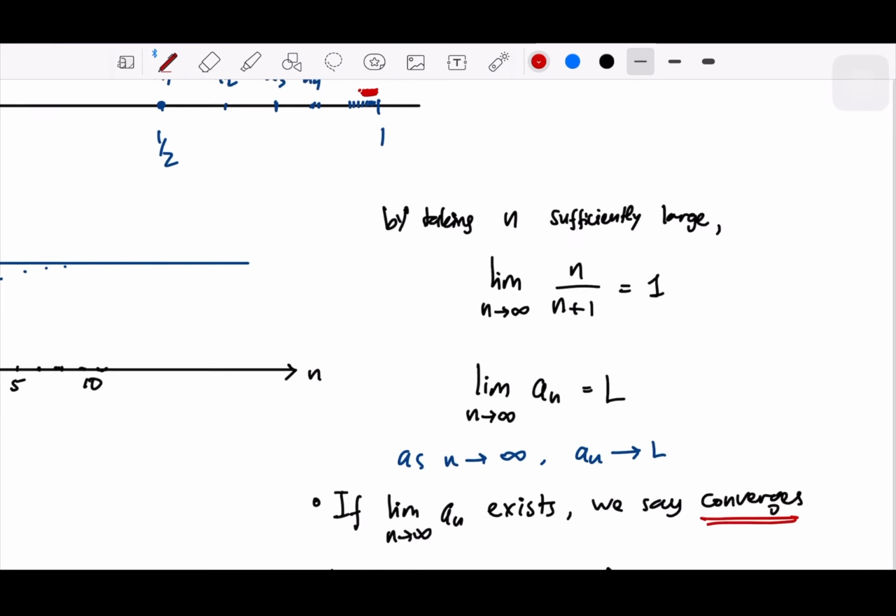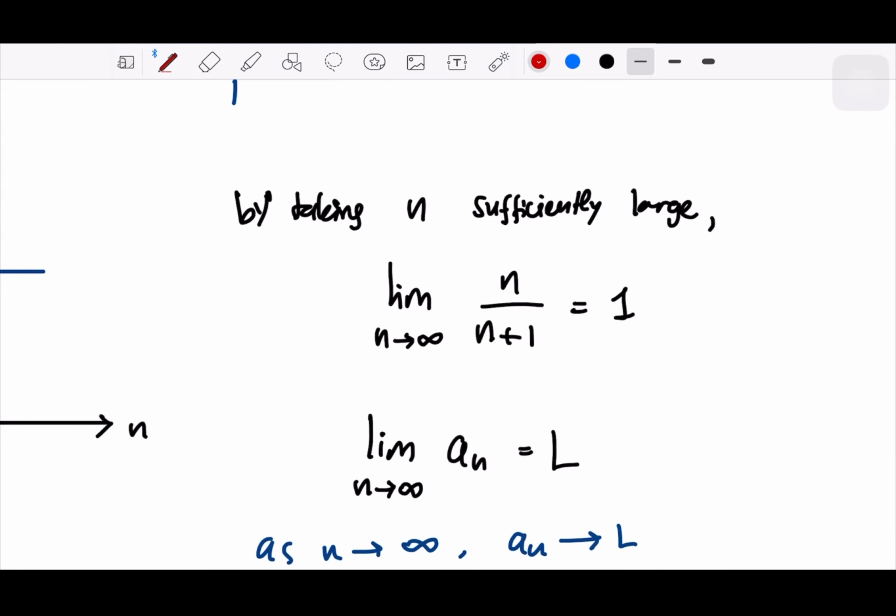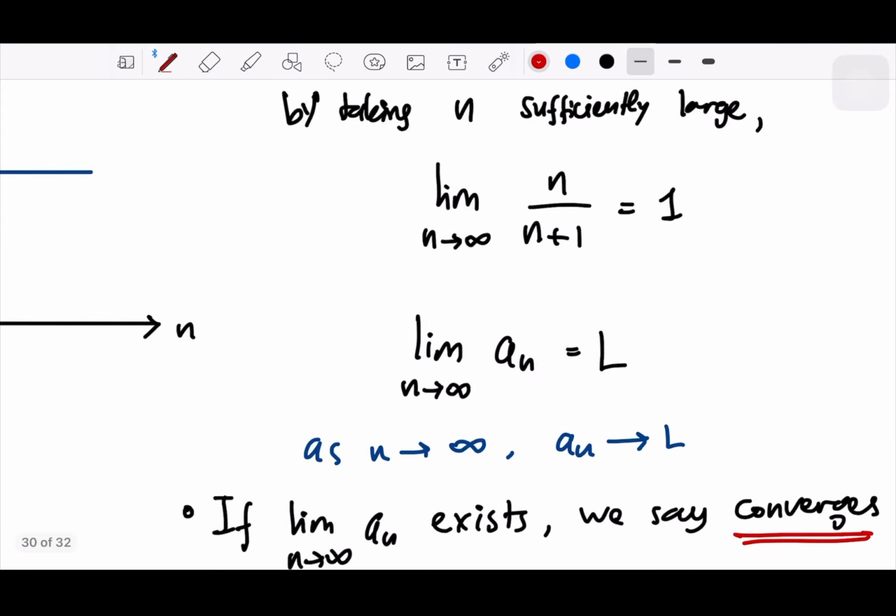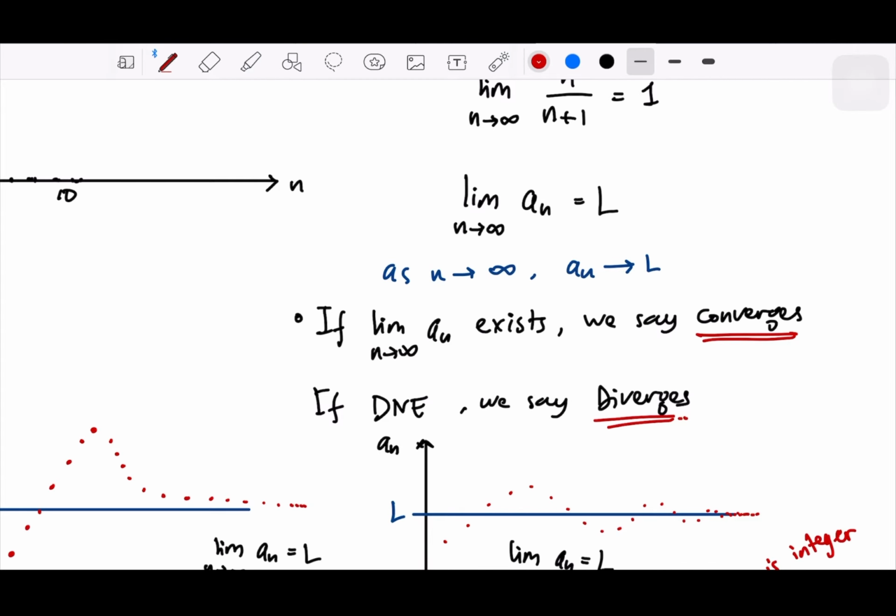So we can take the limit, okay, as n, the integer, gets larger, then it is getting close to some finite number. We call it maybe L or any number that can be input, right? And then if we can find the value of the limit, we can say that the limit exists, or in our chapter 11, we say it converges or is convergent.